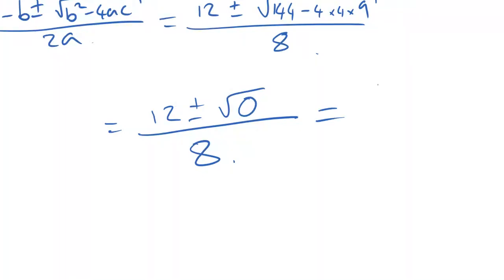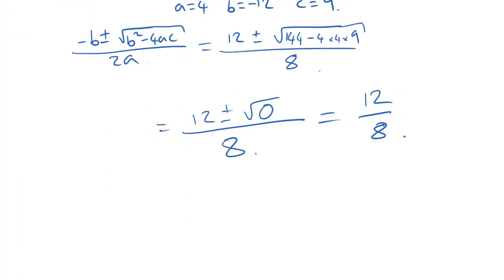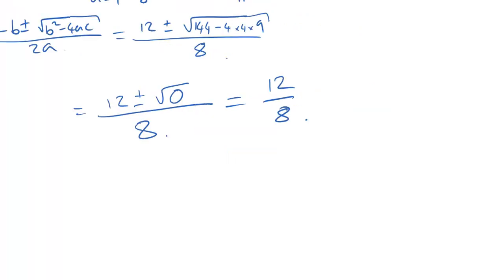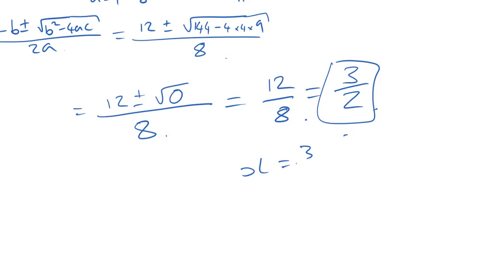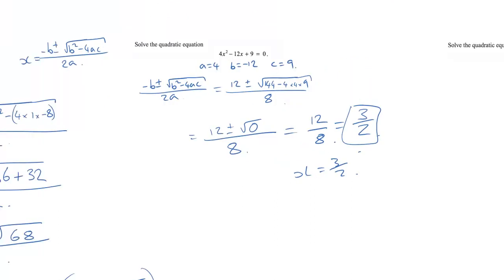So in this case, there's only going to be one solution. And this happens on occasions when the number inside that square root is 0. Our only answer is just going to be 12 over 8. I can simplify that down, of course, dividing both by 4, to 3 over 2. There's our only solution. x is equal to 3 over 2.